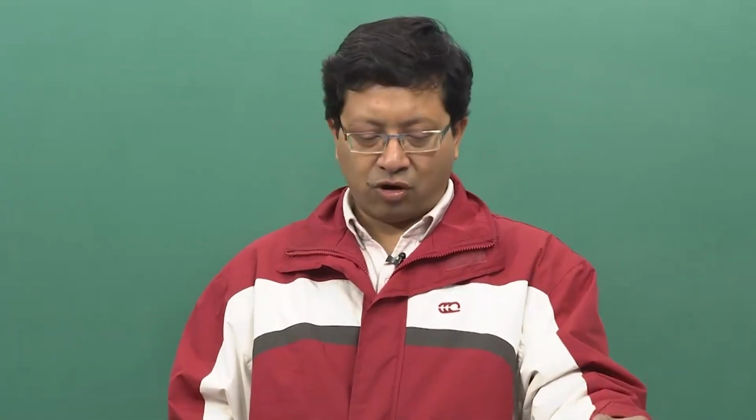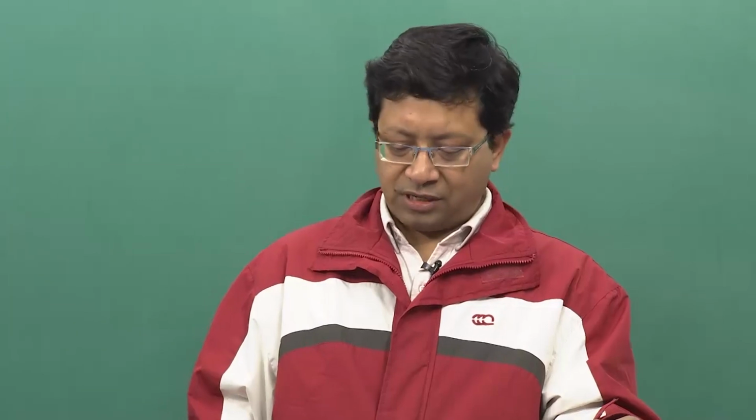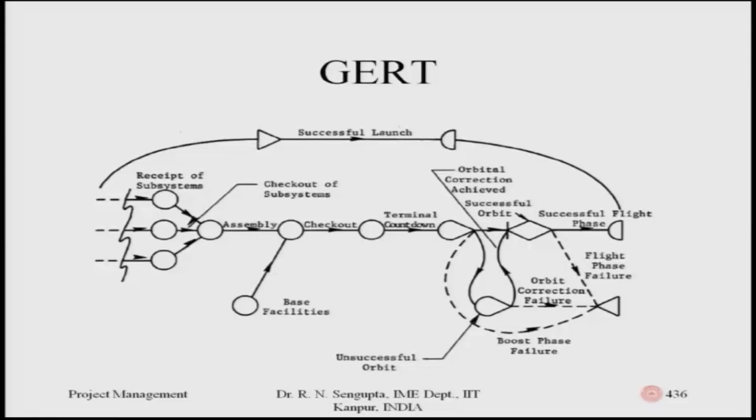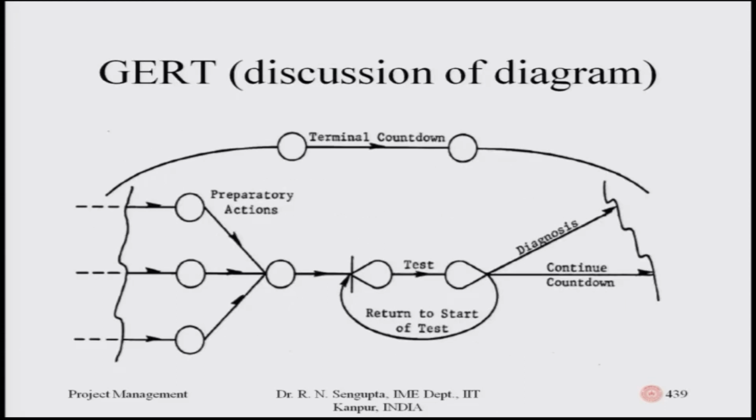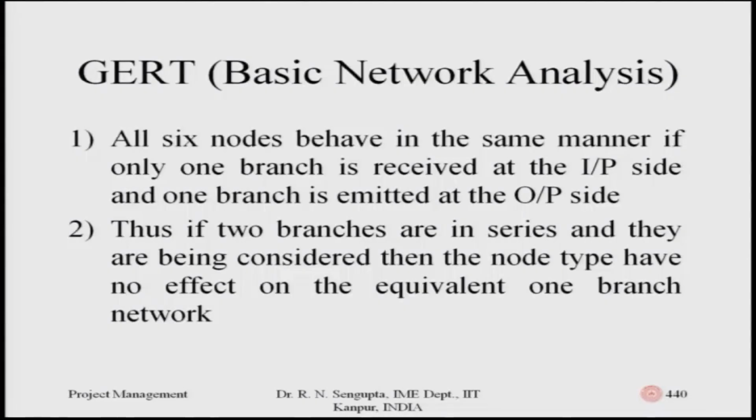The dotted line is basically this one, where I am hovering my finger. If you see, the boost phase is a failure, so obviously it would have no consequence on the successful implication for those set of jobs or activities. So, this is the diagnostic one and the feedback loop which were considered, based on which we proceed.